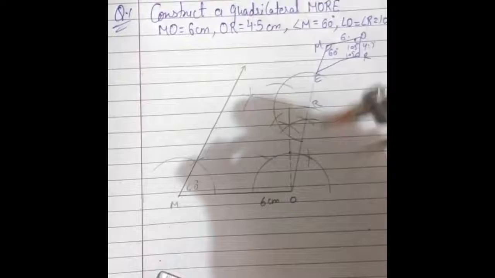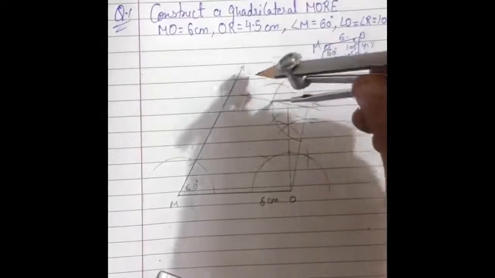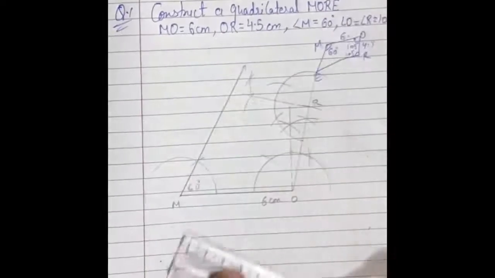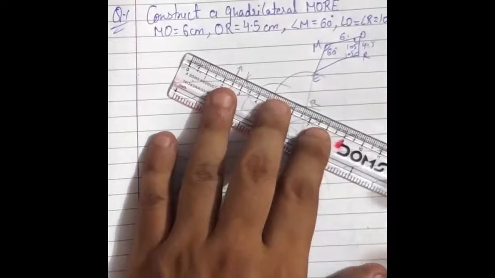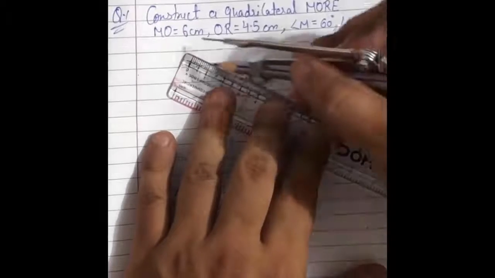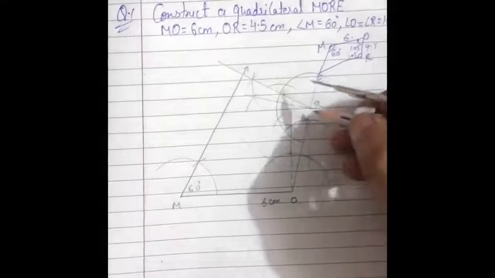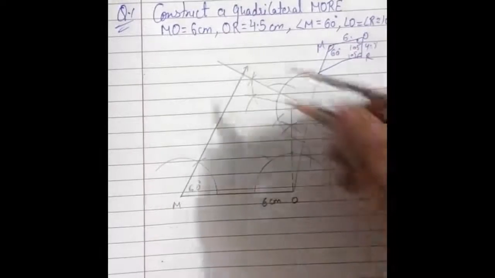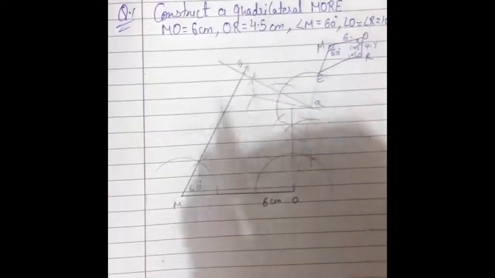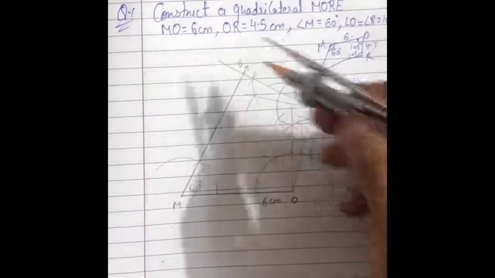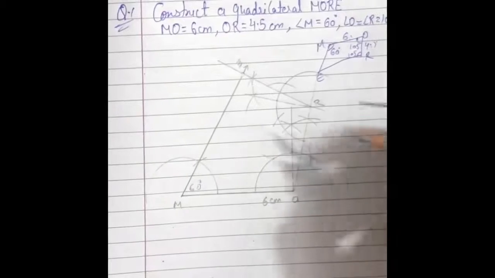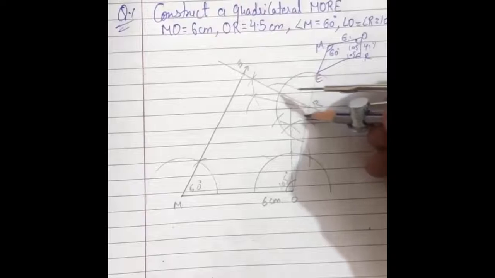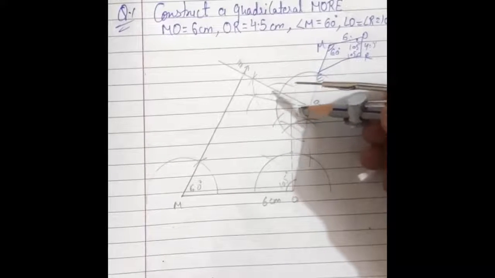Okay, now the bisector of angle 90 and 120 is 105 degree angle. Now look this. Now this point and this line cuts at this point, and this point is point E. So here MORE is a required quadrilateral. Here this angle is 105 and this angle is also 105 degree.